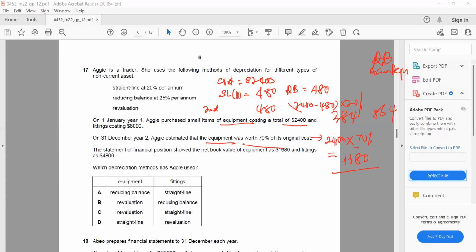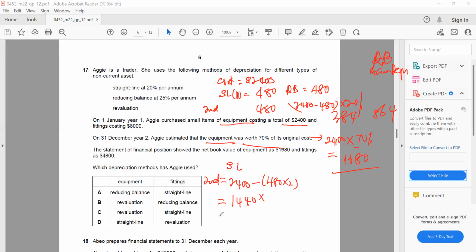Okay, and then if I use the straight line, my cost for the second year, the net book value, I should get 2,400 minus 480 times 2. So I should get 1,440. So I cannot get the same. So this one cannot be the straight line.